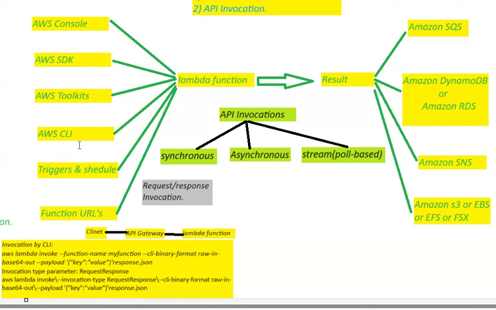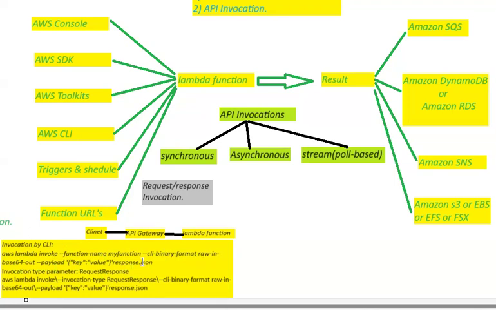By using the CLI, you can invoke it with this command: aws lambda invoke --function-name. Here in place of my function, you write whatever function name your function has, then --cli-binary-format raw-in-base64-out, and payload is whatever key value pair you have, and the response in the form of JSON.